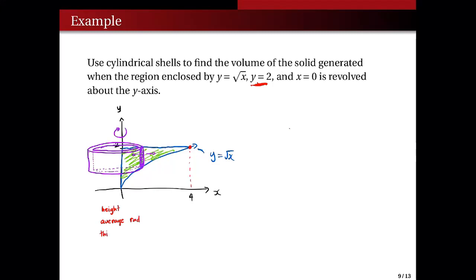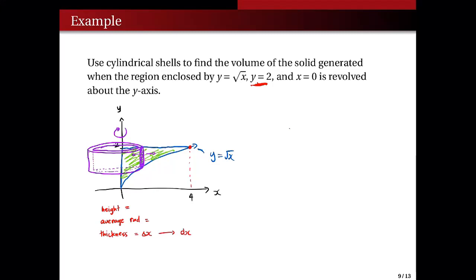The thickness will always be delta x, and in the integral, this will just be your dx. But let us look at the average radius.